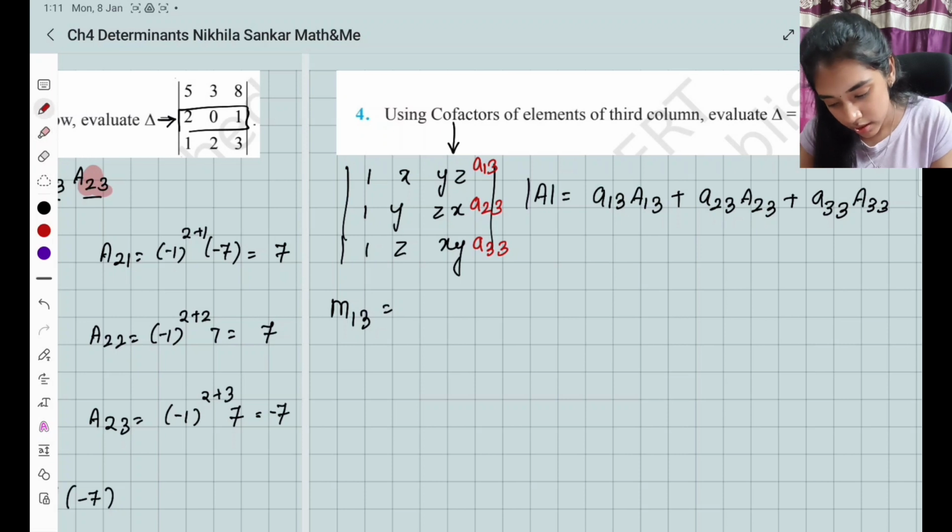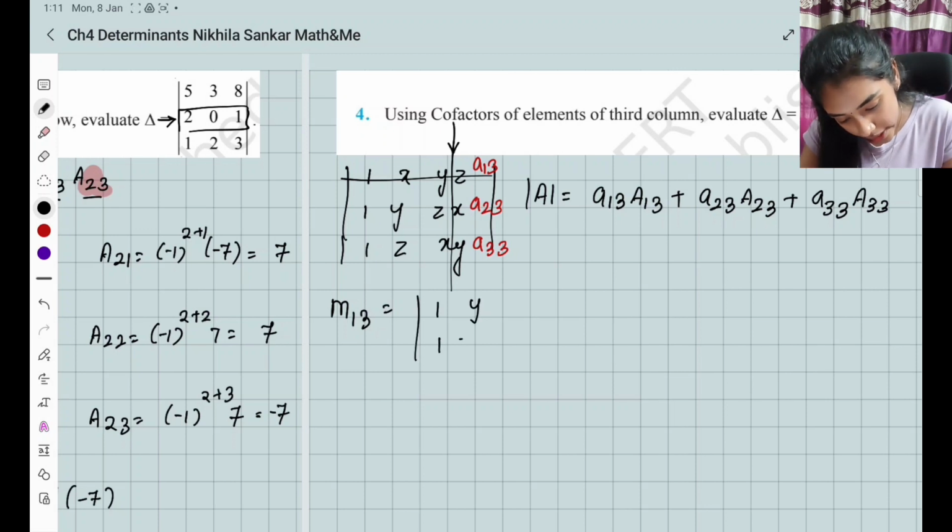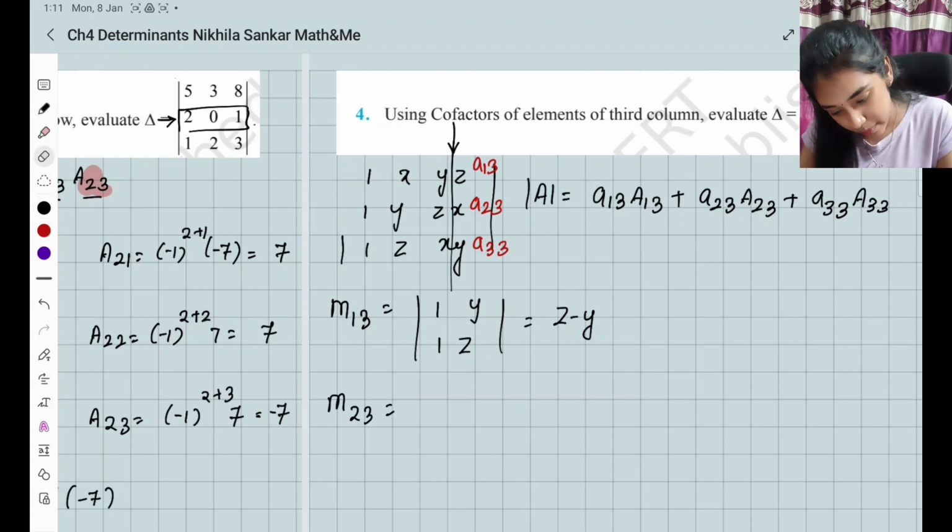Hiding the first row and the last column, I have 1 y, 1 z. So this is going to be z minus y. Then m23 is going to be, இப்போ எதை hide பண்ணலாம்? I have to remove this. m23 na I have to hide this particular column and this particular row.